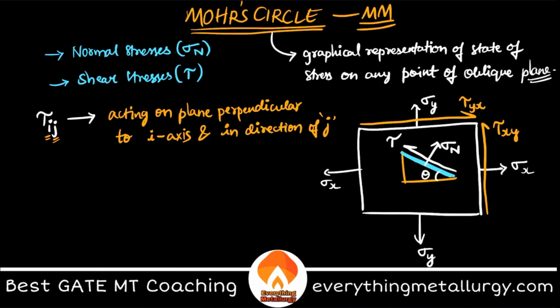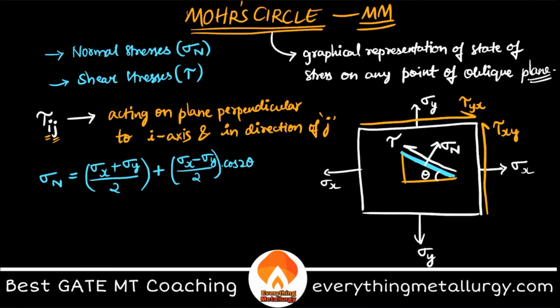Again, I'm not actually deriving it now due to time constraints. I'll directly give the value for that. So if the plane is at angle theta, then sigma n would be equal to sigma x plus sigma y by 2, plus sigma x minus sigma y by 2 times cos 2 theta, plus tau xy times sine 2 theta.